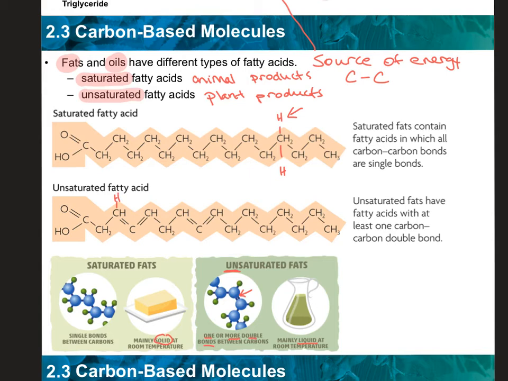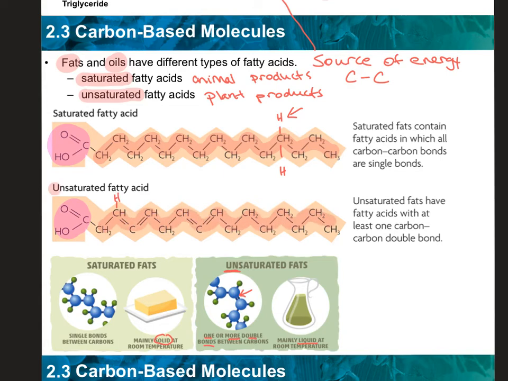warmer. So just to bring back a point we mentioned earlier, this would be considered my fatty acid tail here, and then this would be considered my glycerol. So here, this would be my glycerol, and this would be my fatty acid tail.